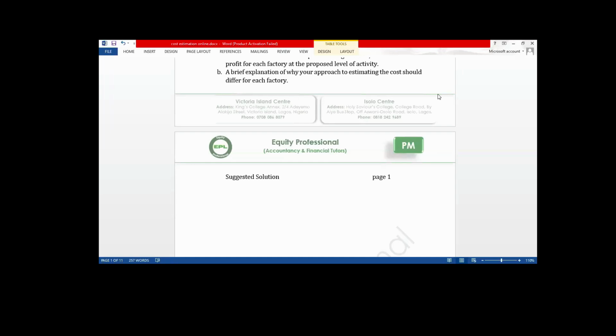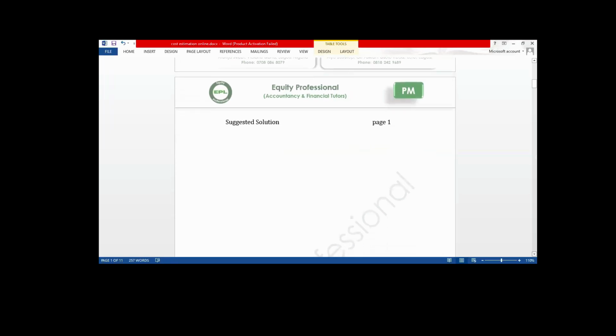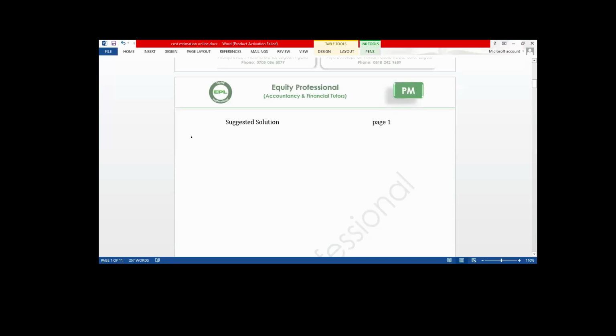All right, let's move to this calculation quickly to manage the time. We start with Apapa factory.